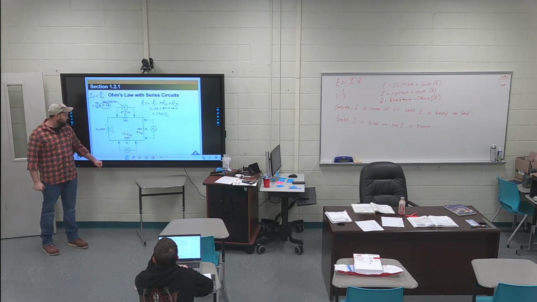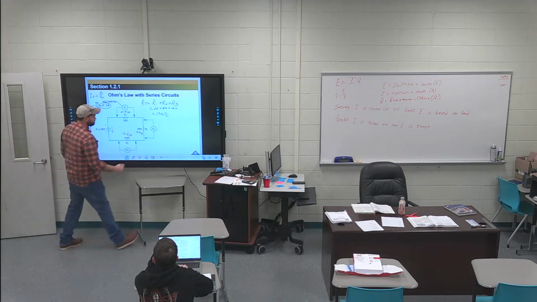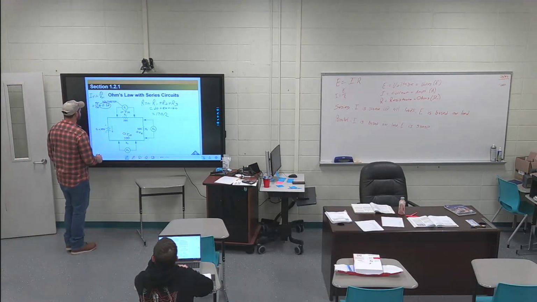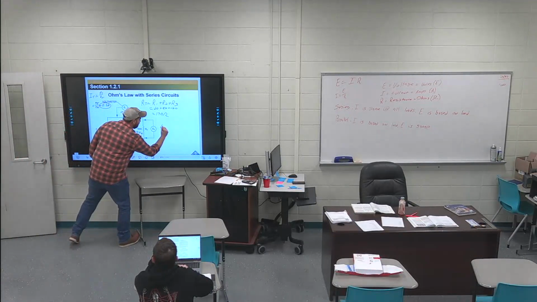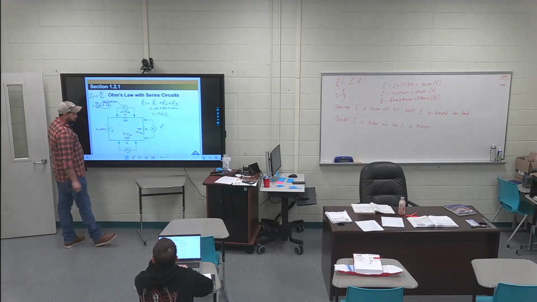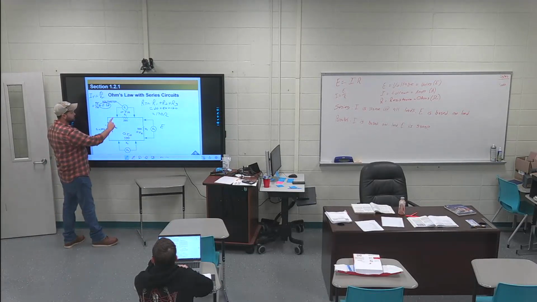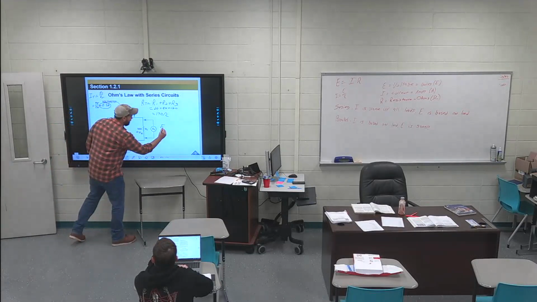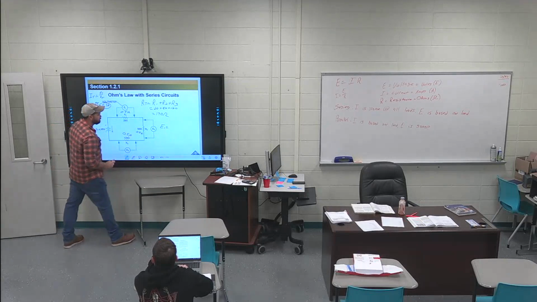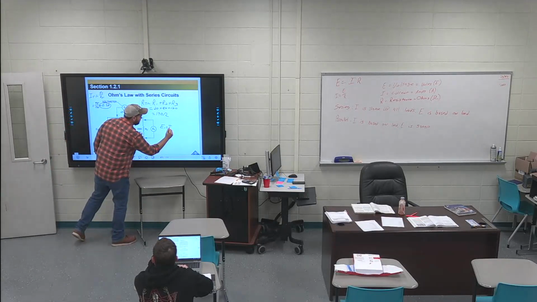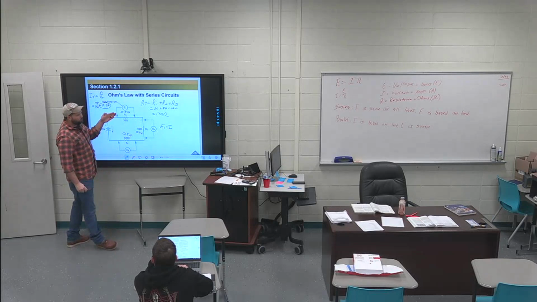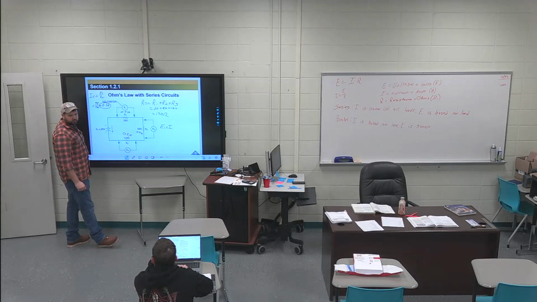What's my equation for voltage? E equals I times R. So if I'm wanting to find my voltage, we'll start with 1. Your I at 1, I at 2, and I at 3 are all going to be the same, and it's going to be your I total.